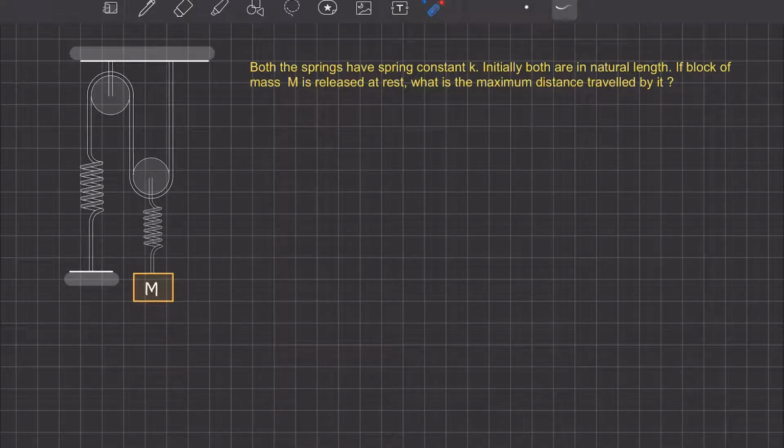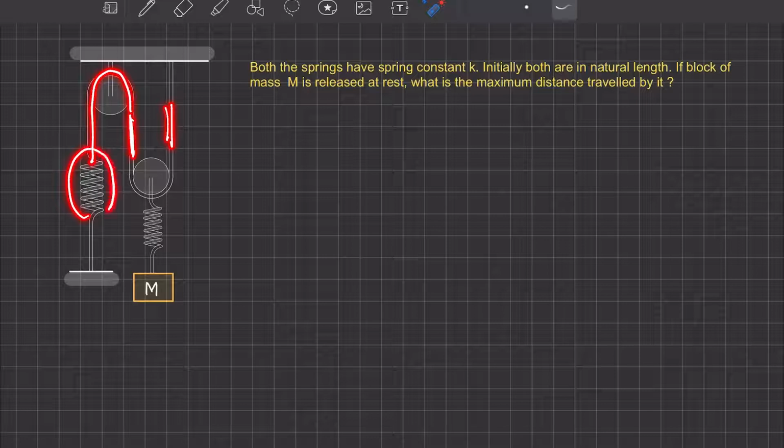Now see here, in these kinds of problems, we need to pay attention that as the mass moves down, there will be some tension developed in this spring. Now this tension will also create some tension in the upper part.